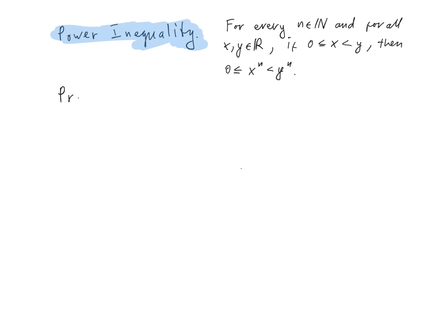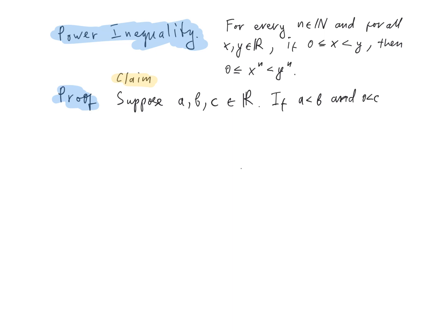Towards the proof of the power inequality, we first establish the following claim. Suppose that a, b, and c are real numbers. If we have that a is less than b and 0 is less than c, then the product a times c is less than b times c.